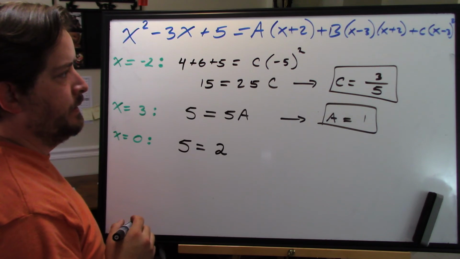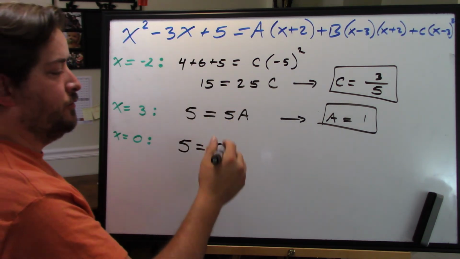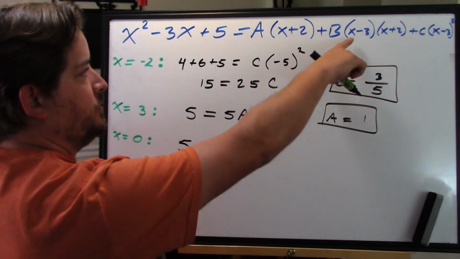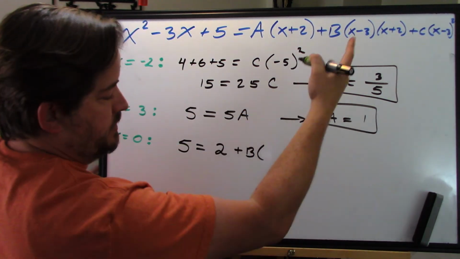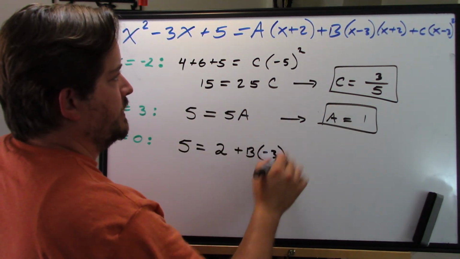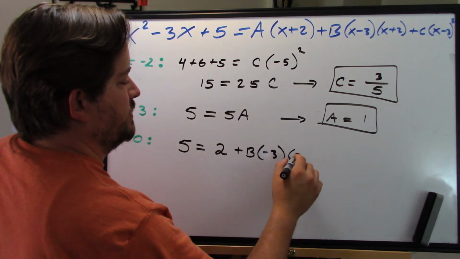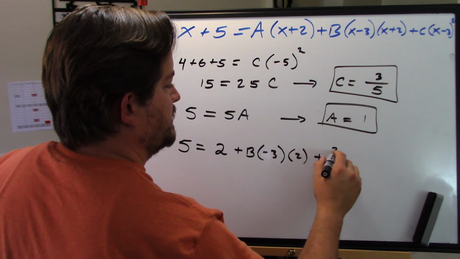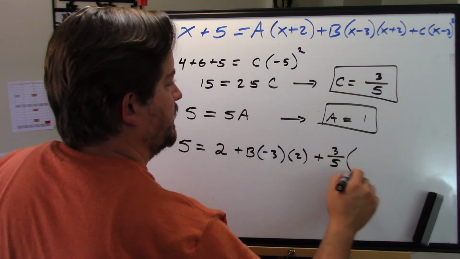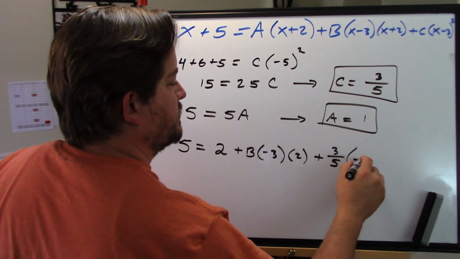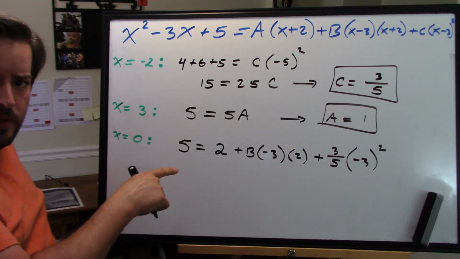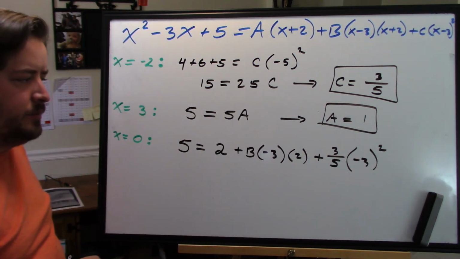I don't know b, that's what I'm looking for, so I have plus b multiplied by 0 minus 3 is -3, 0 plus 2 is just 2, plus, I know c is 3/5, and I have x is 0, so -3 squared. And I have an equation of only one variable. I simply don't know b.